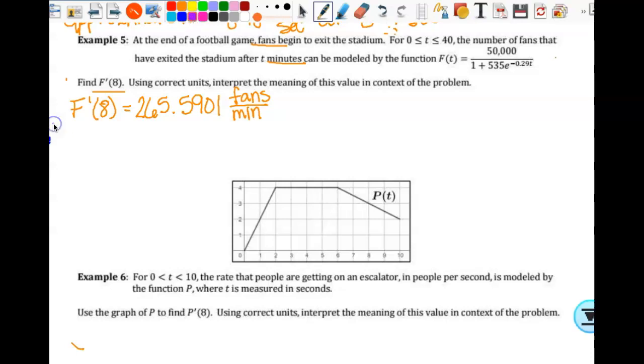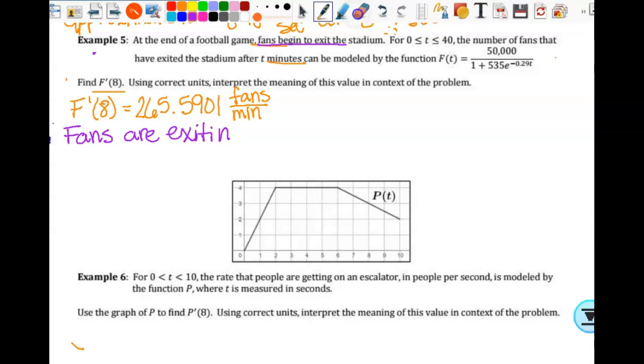Now when we go to say what's happening here, F prime is describing how F is changing. What does F represent? Fans what? Exiting the stadium. Okay, so fans are exiting. Oh, wait. Yeah, number of fans, right? Shoot, sorry.